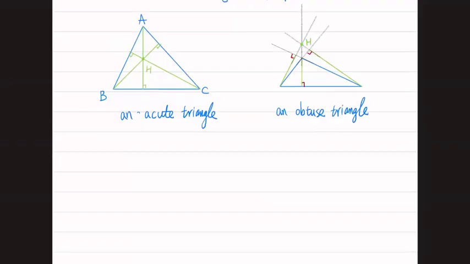Now, a boundary case. It's not acute, not obtuse. It's a right triangle.